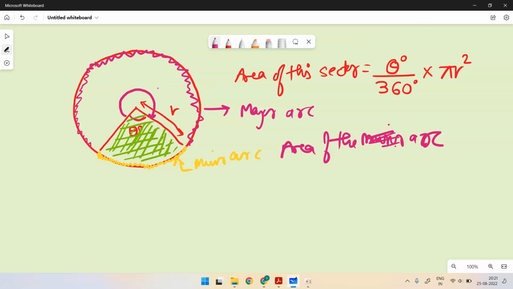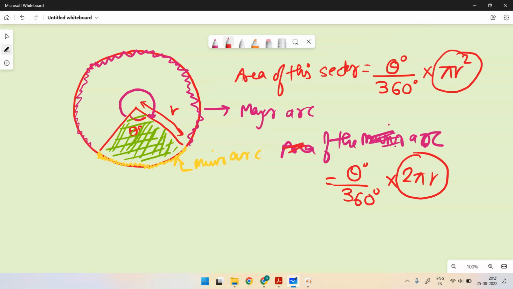The length of the arc is given by theta by 360 degrees into 2 pi r. See, pi r square is the area of the complete circle. This is not area, it is the circumference, the length of this minor arc.